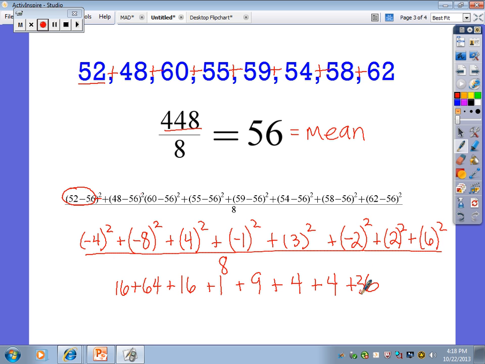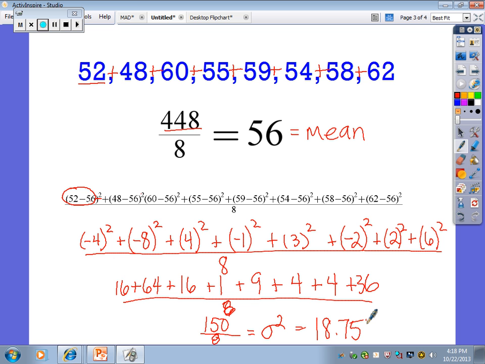Alright, and we're going to divide that number by 8. If you pick up your calculator and plug those in, you get 150 divided by, not 6, but 8. And your answer for variance, or sigma squared, in this case is going to equal 18.75.